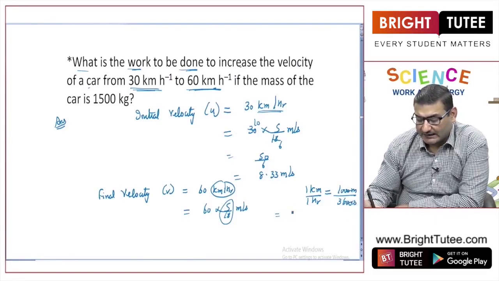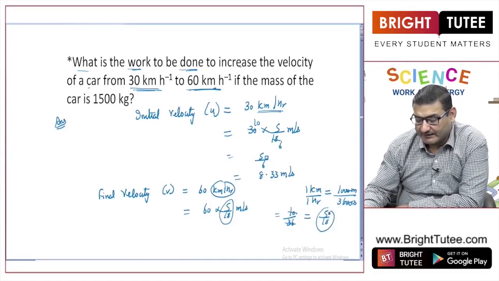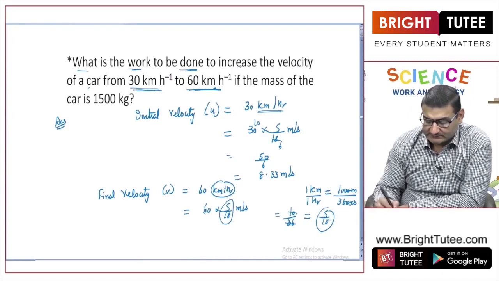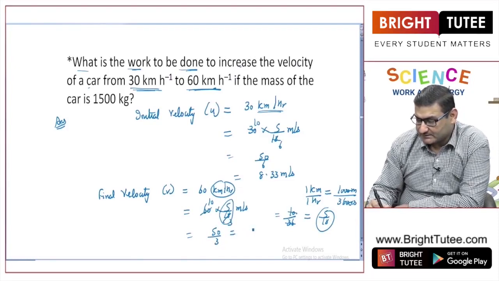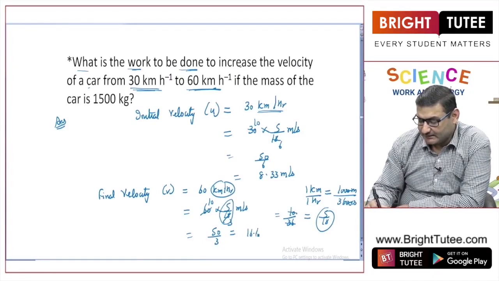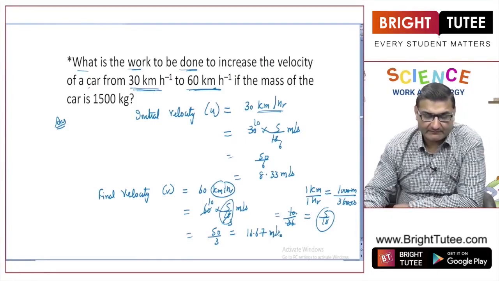Cancelling it out, I will get 10 upon 36, further reducing it, I will get 5 by 18. Got it? And once again 10 and 3, I will get 50 by 3, which comes out to be 16.67 meter per second. Now this is the final velocity.